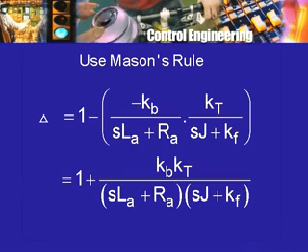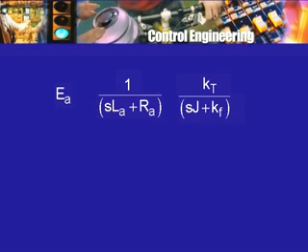This is the discriminant which will appear in the denominator. What about the numerator? I want the numerator in the coefficient that multiplies Ea. So I look at the forward path from Ea to omega. The forward path from Ea to omega goes through Ia, and therefore the gain of the forward path is 1 divided by SLA plus Ra into Kt divided by Sj plus Kf.